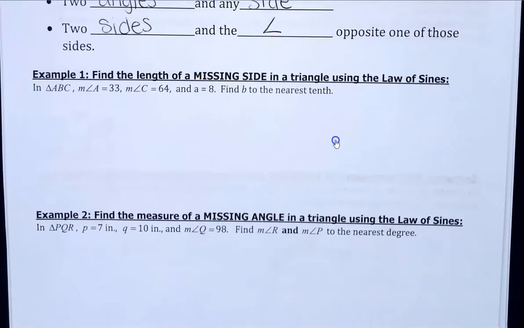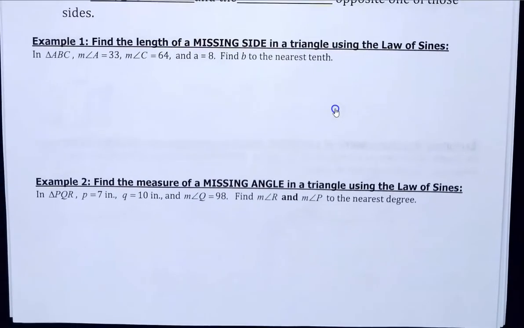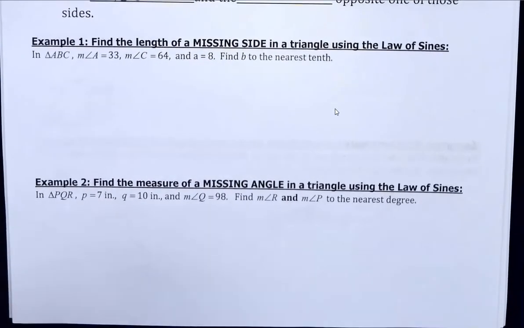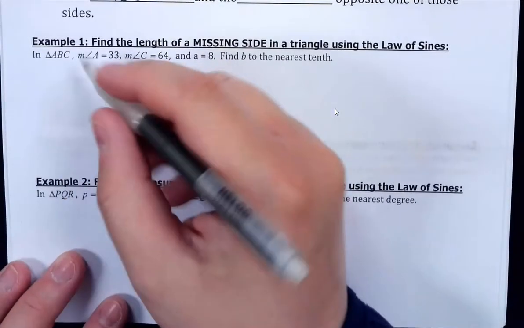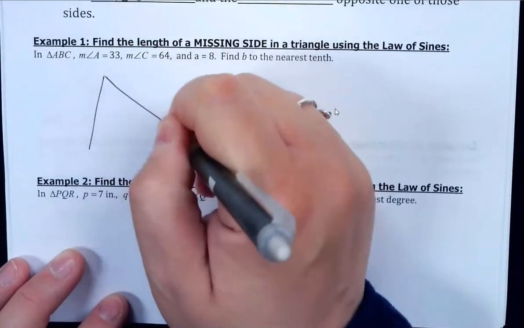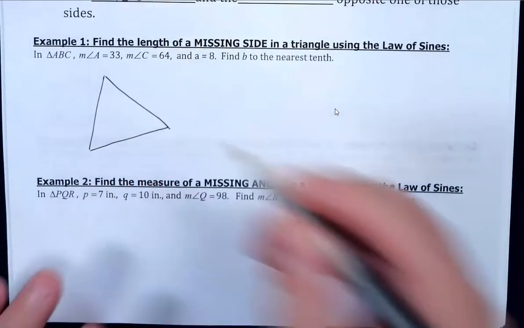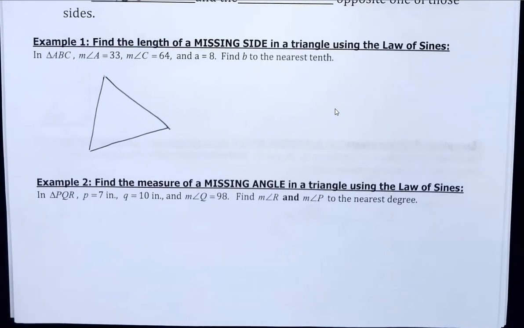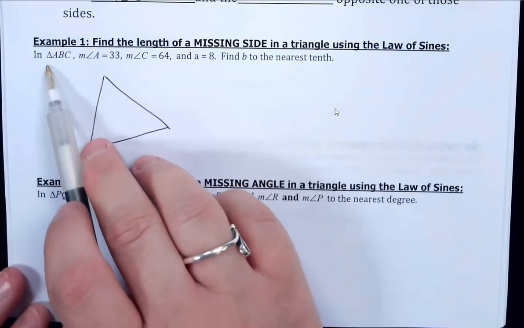So some of the questions will have a picture and some won't. I purposely just did questions for us to do together today that don't have a picture to get you guys used to drawing a picture. So this is completely not drawn to scale. I'm just going to draw a triangle. Okay, this is for our reference. So it says the triangle's ABC.